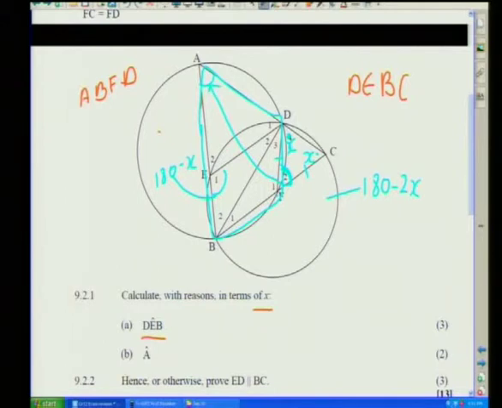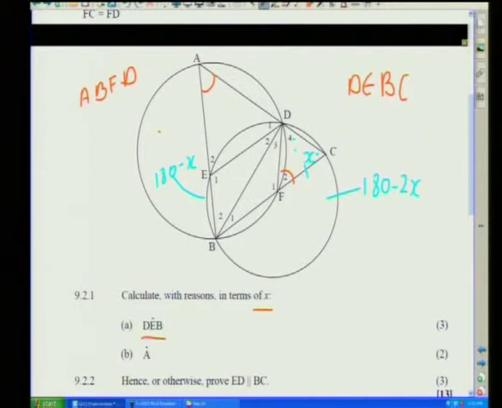Okay, so if ABFD is your cyclic quad, then F2 is the exterior angle of that cyclic quad. Therefore, we know that it must be equal to the interior opposite angle, because that's what the theorem says. F2 is going to be equal to A, because F2 is the exterior angle of cyclic quad ABFD.